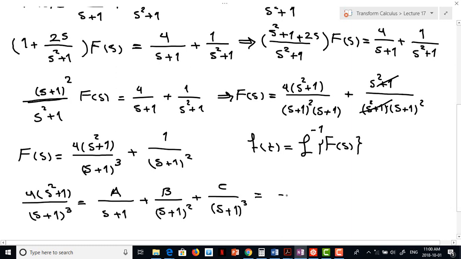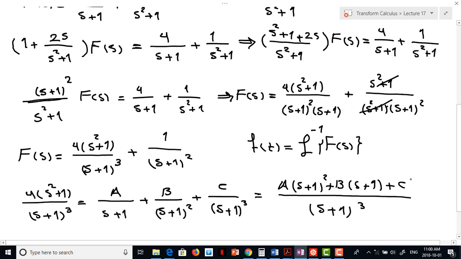If I add them together, the common denominator is (s plus 1) to the power of 3. We have A times (s plus 1) squared plus B times (s plus 1) plus C.